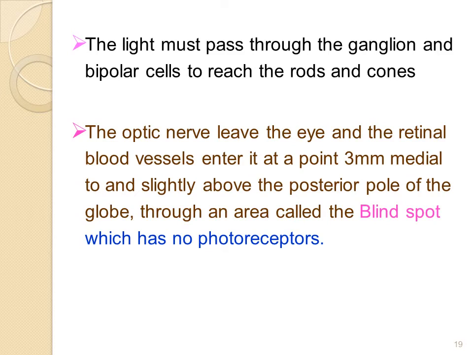So the light must pass through them to reach the rods and cones and give actual vision.